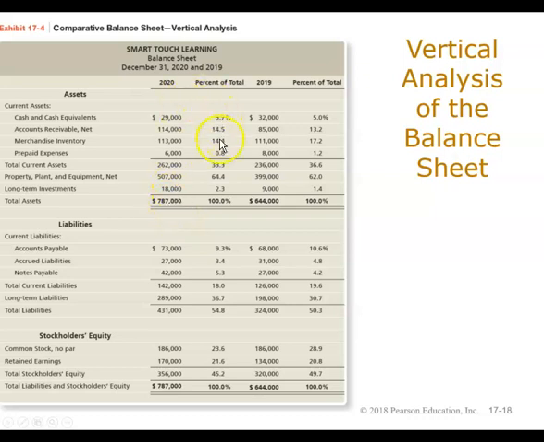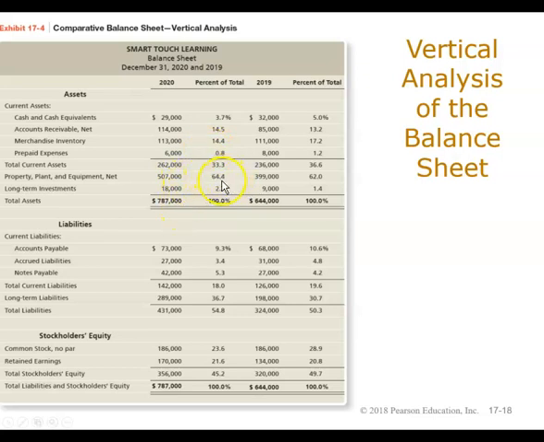So what is making up most of our total assets? Well, in this company, 64.4% of our total assets is actually property, plant, and equipment. So I would say that this is probably a heavily capital-intensive company. In other words, they need quite a bit of equipment to carry out their operations.